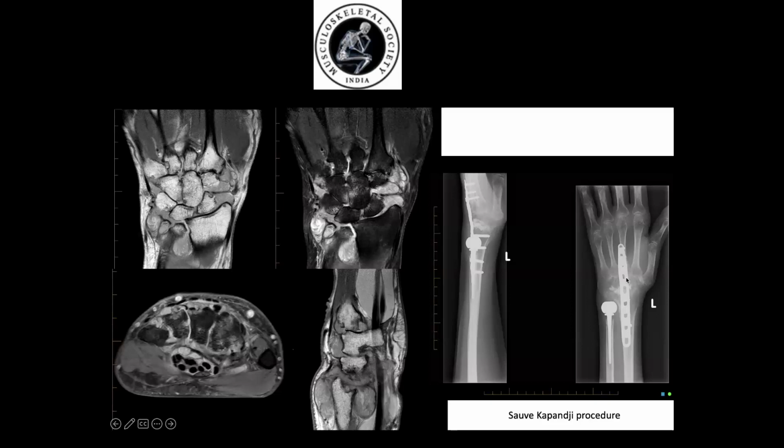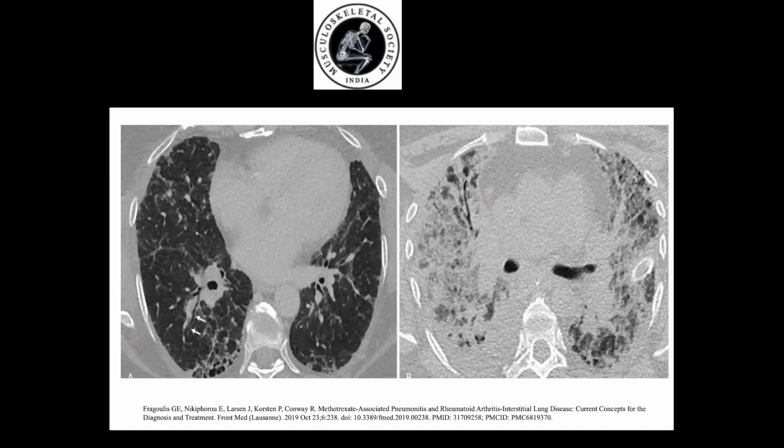That's the Sauvé-Kapandji procedure, where the radiocarpal and carpal joints have been fused, and the head of the ulna has been excised with a prosthesis. That's probably the most important complication of treated rheumatoid arthritis by itself.